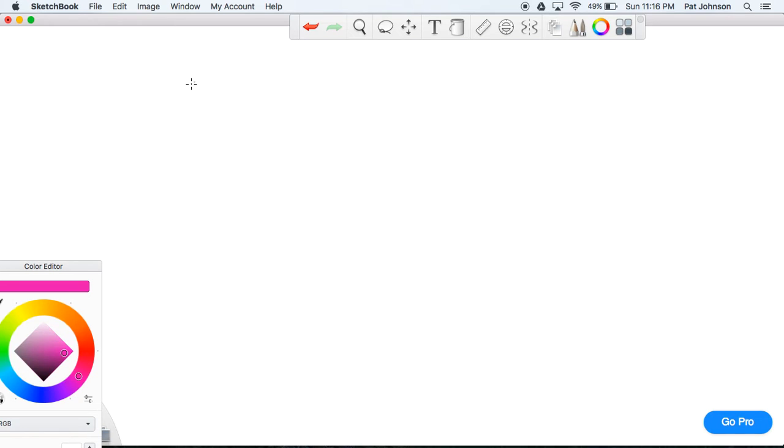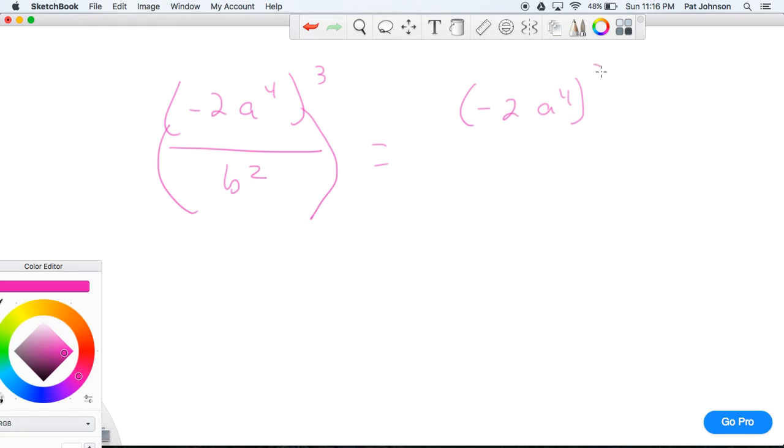Okay, let's look at the next one. I have negative 2a to the 4th, raised to the 3rd power, over b squared. This is all in one parentheses. So the first thing I'm going to do is separate this: 2a to the 4th raised to the cube over b squared raised to the cube. Then I'm going to write this as negative 2 cubed times a to the 4 raised to the cube over, using the power rule, 2 times 3, b to the 6.